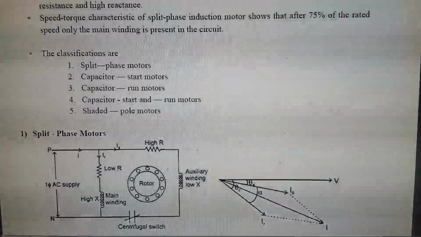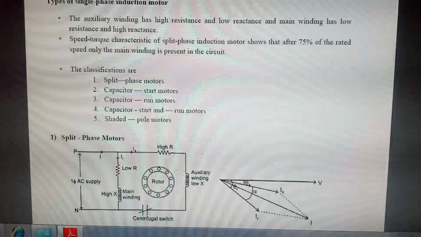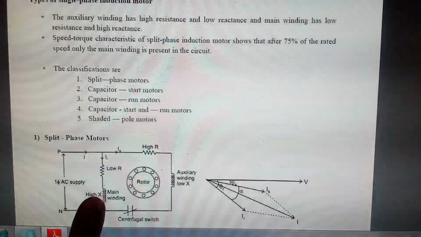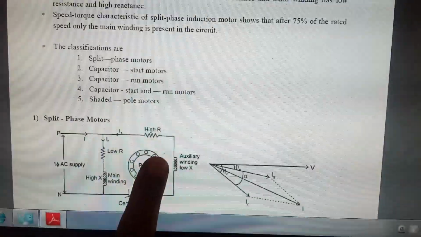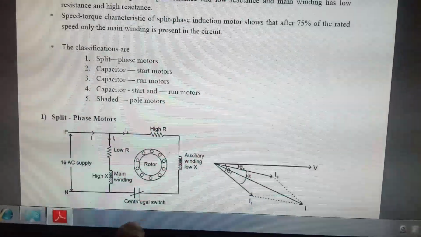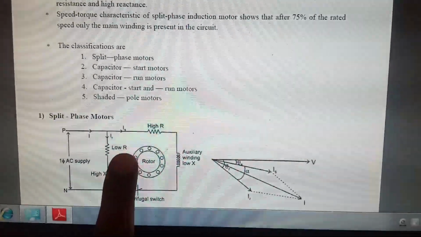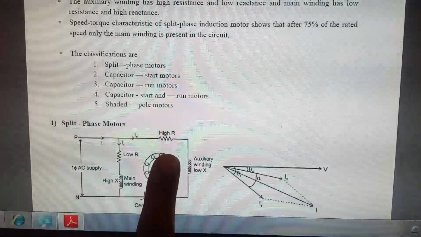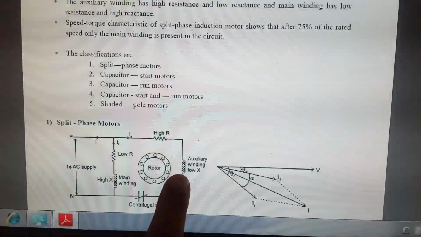This is the circuit diagram for split phase motors, with the two windings, main winding and auxiliary winding. This is the squirrel cage rotor, this is the resistance, and this is the centrifugal switch. Low resistance and high resistance mean the main winding resistance and the auxiliary winding resistance.